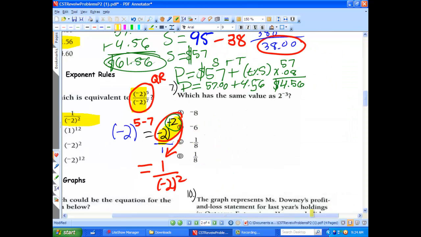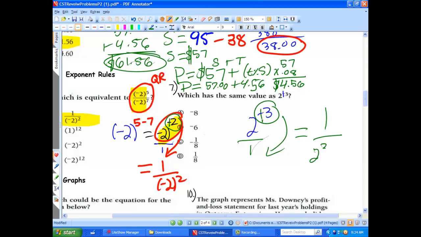For number 7, we're dealing with the same concept that we just finished. We have another negative exponent. So if we have negative 2 to the third, turn that exponent positive and send it to the other side of the ratio to get 2 to the third.